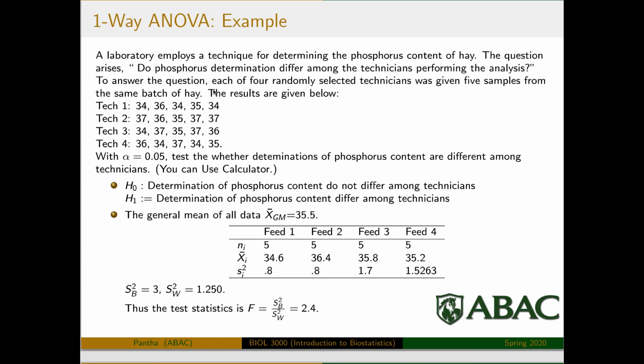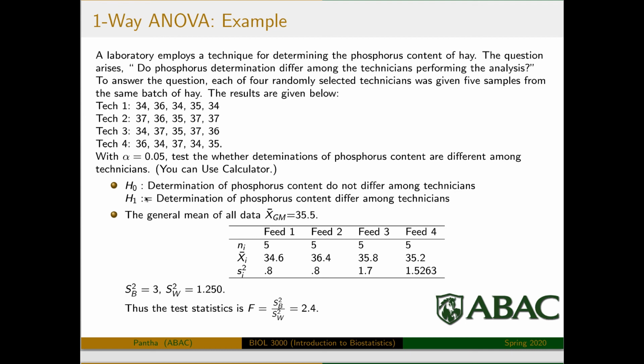To answer the question, each of 4 randomly selected technicians was given 5 samples from the same batch of hay. The results are given below. These are the phosphorus contents on 5 samples of hay, and these are the technicians, giving those numbers. With alpha equals 0.05, test whether the determinations of the phosphorus content are different among technicians.